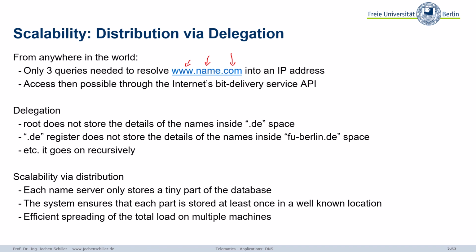It's important how you see this hierarchy reflected in the delegation of the data stored. The root doesn't store the details of anything inside the DE space. Why? The DE register doesn't store the details of the names inside, for example, FU Berlin. DE only knows FU Berlin. That's the idea.